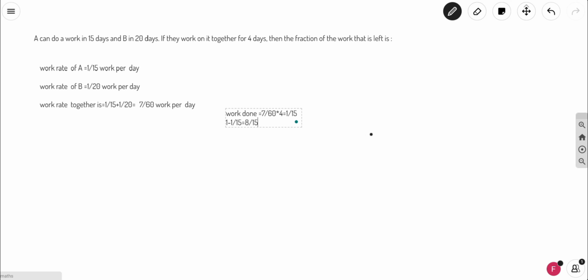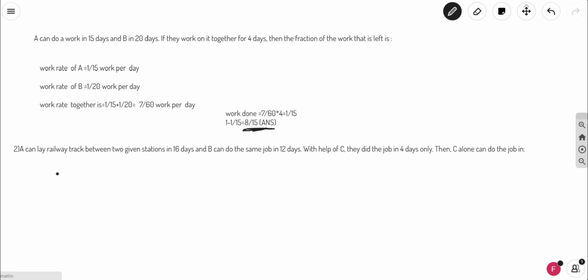So 7 by 60 into 4 is equal to 1 by 15. And to find the fraction of the work that is left, we have to subtract 1 minus 1 upon 15. So we can know the fraction of the work that is left.